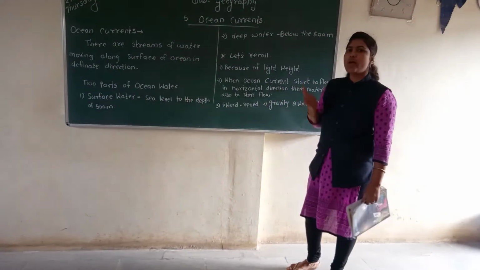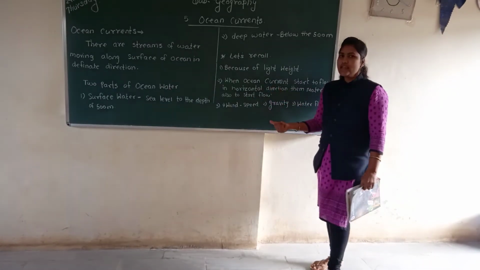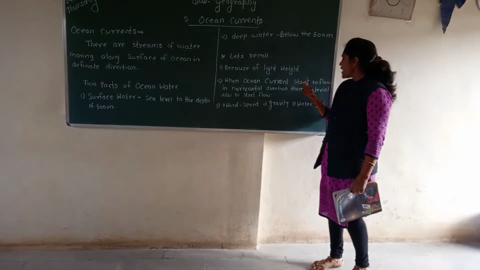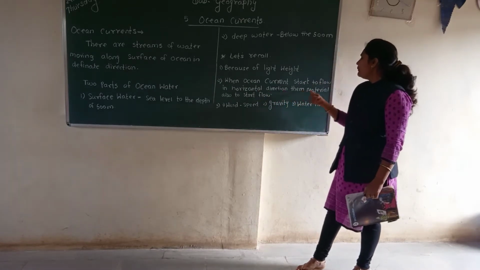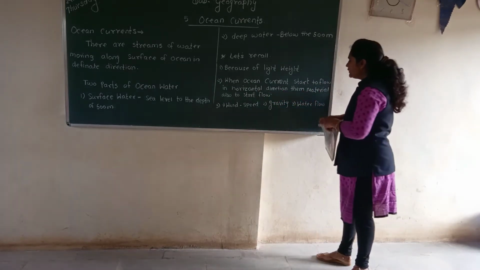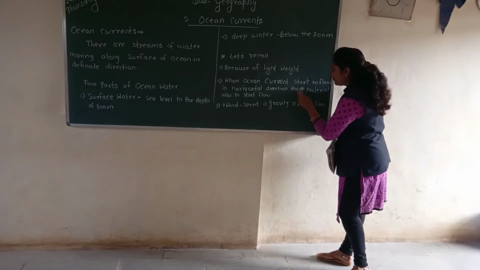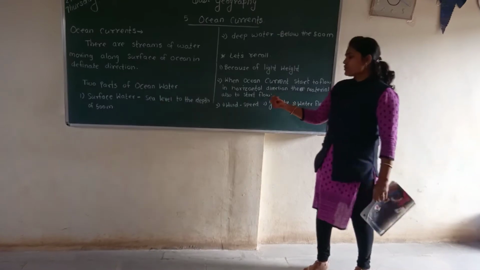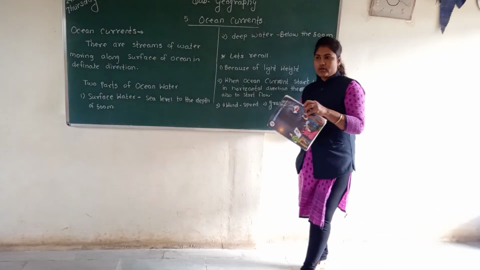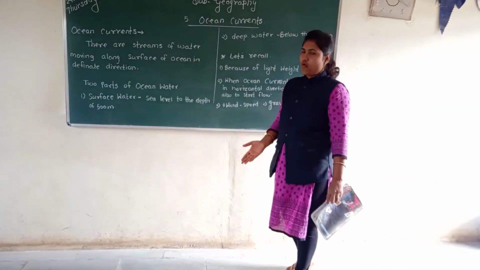Now we are studying the ocean, so see: when the ocean current starts to flow in a horizontal direction, then the material also starts to flow alongside this flow.